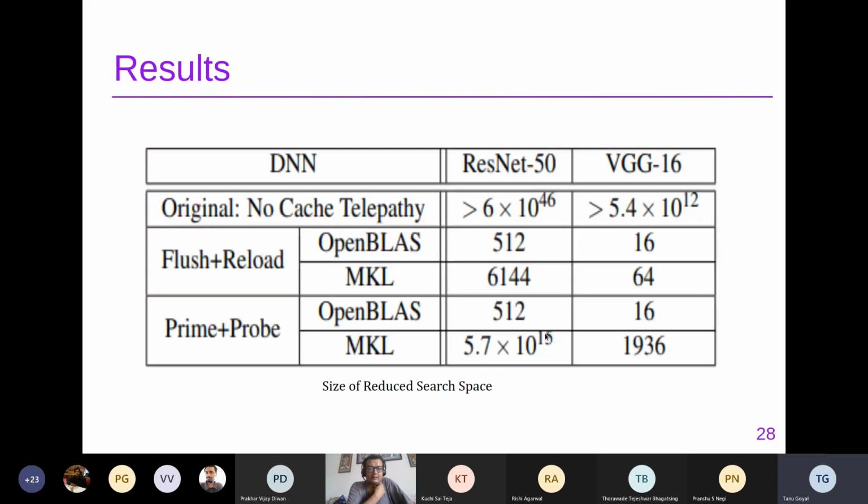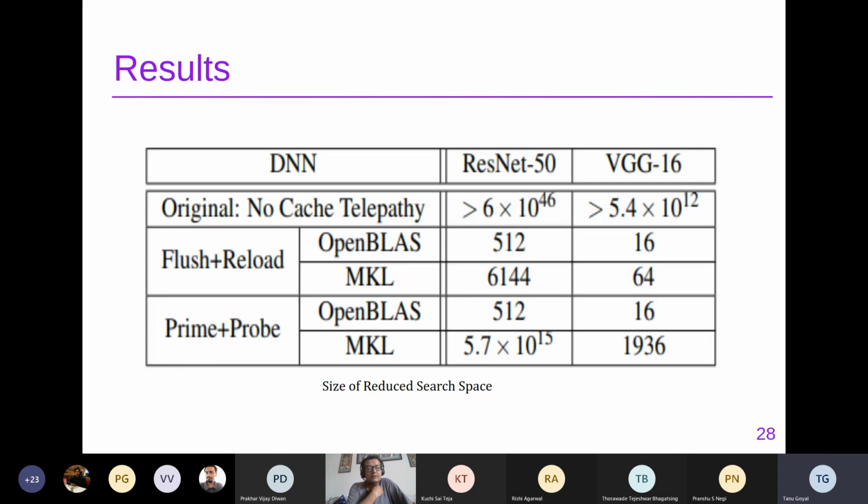Yeah, I didn't get here. 10 to the power 46 is a huge number, considering the neurons, filter sizes, and all the values, and now it has reduced to 512. What are the things that we know now because of which it reduced exponentially?